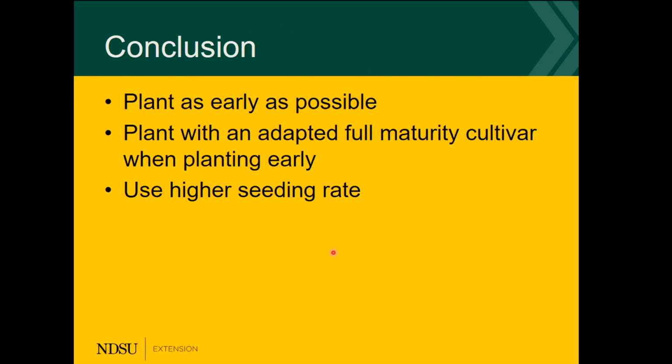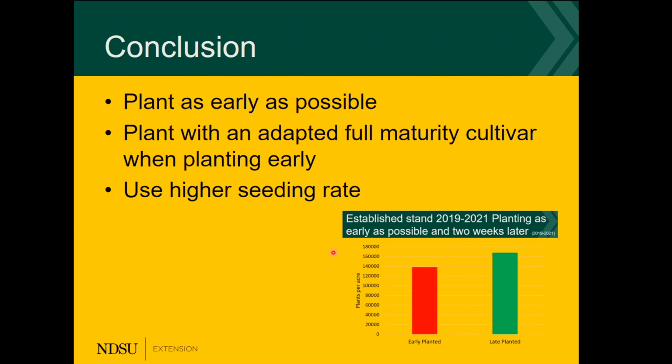Plant with an adapted full maturity cultivar. When planting earlier, it is even more important to do that, and then you get the biggest benefit. And maybe use a higher seeding rate. I'm saying higher seeding rate because we already concluded that early planting actually gives you a little bit less stand than late planting. So adjusting the seeding rate, especially under challenging conditions, may help to get a higher yield.